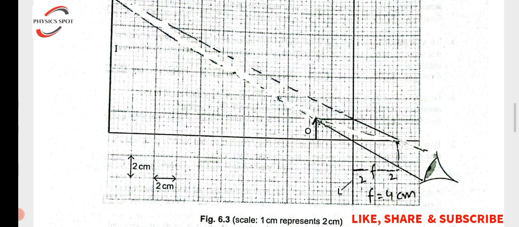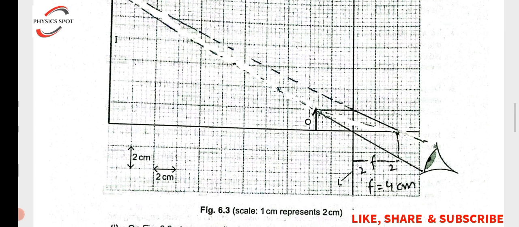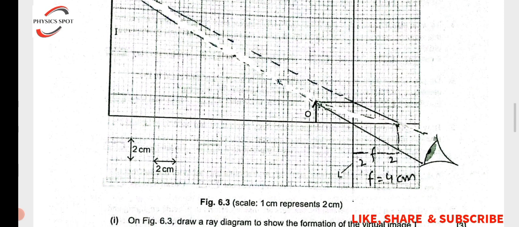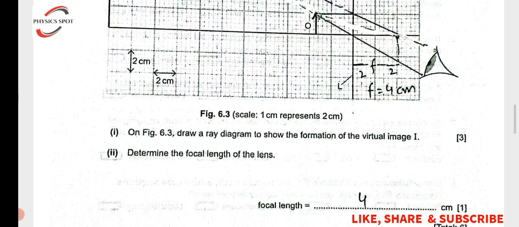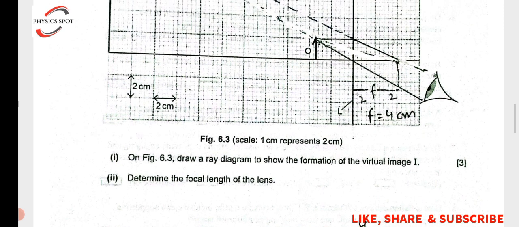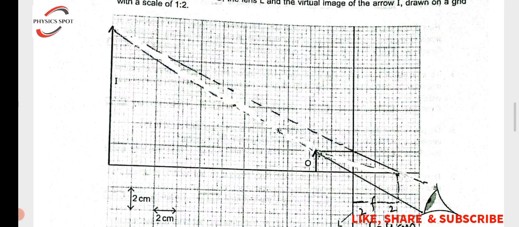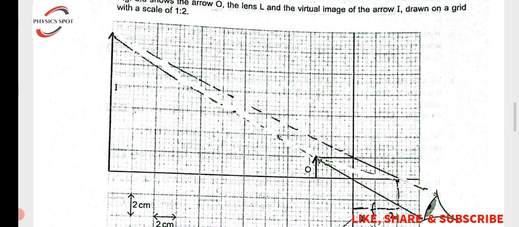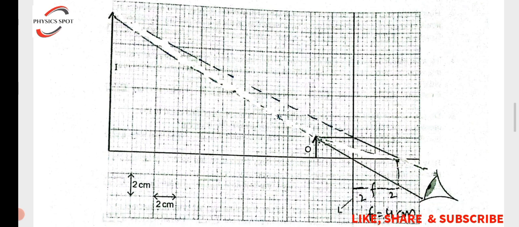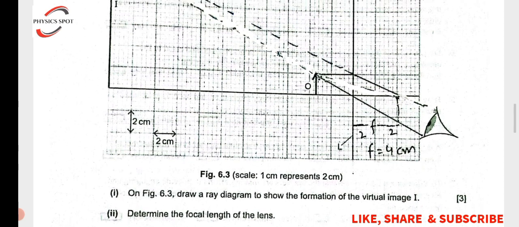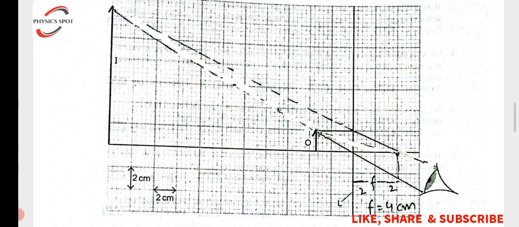So the separation of one cell is 2 centimeter, horizontal and vertical, shown in the graph. On figure 6.3, draw a ray diagram to show the formation of the virtual image. So O is the object and I is the image, and this is due to the imaginary intersection of lines. This is the virtual image, remember. Okay.